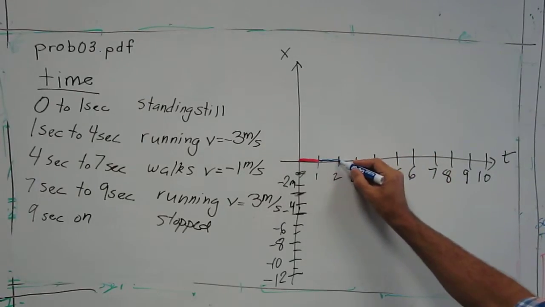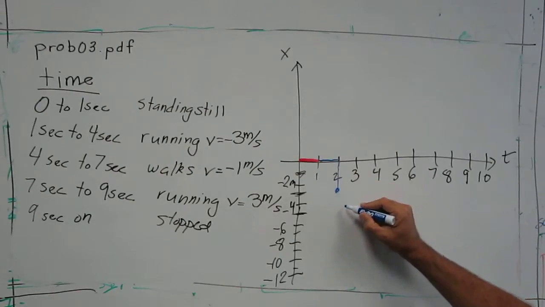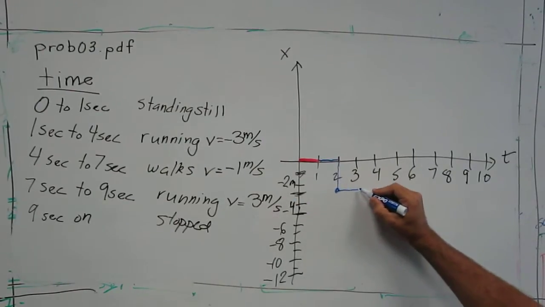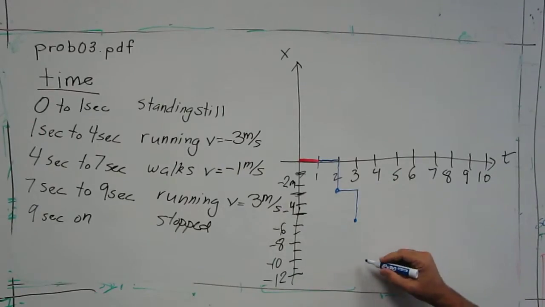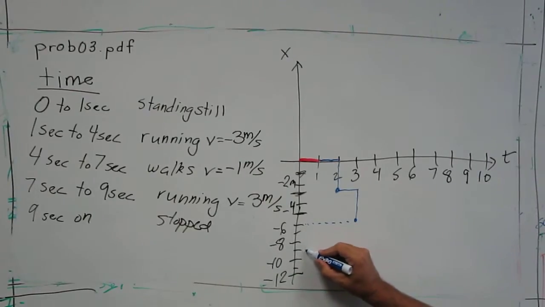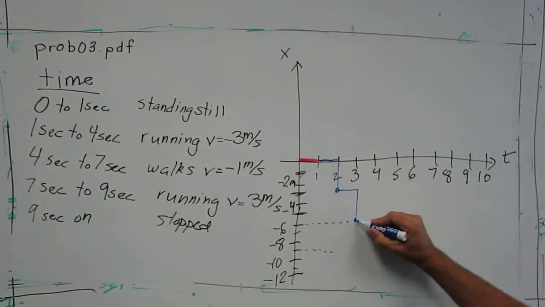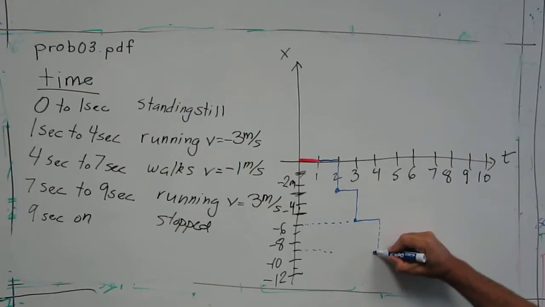So 1 second, 1, 2, 3. That's -3 meters. And then in the next second, 1 more second, they go 3 more meters backwards, or in the negative x direction. And now they're at, notice now they're at 6. And at the end, we're going to end up at 9. So the next second, we go like that.